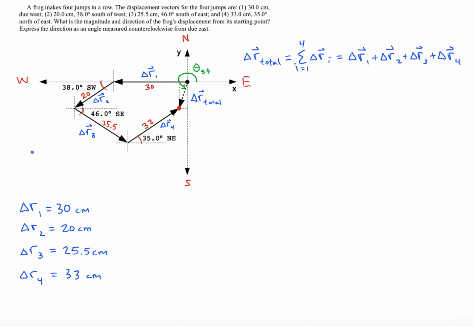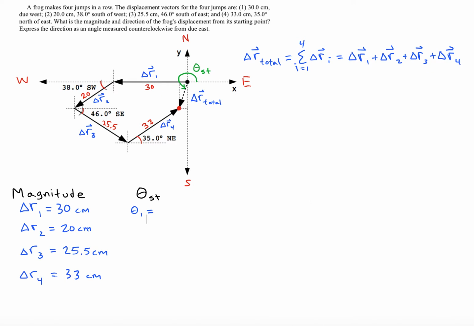Okay, so let's make ourselves a table. This is the magnitude. We're also going to want to find the theta in standard position. So theta 1, that would be the angle of displacement vector r1.